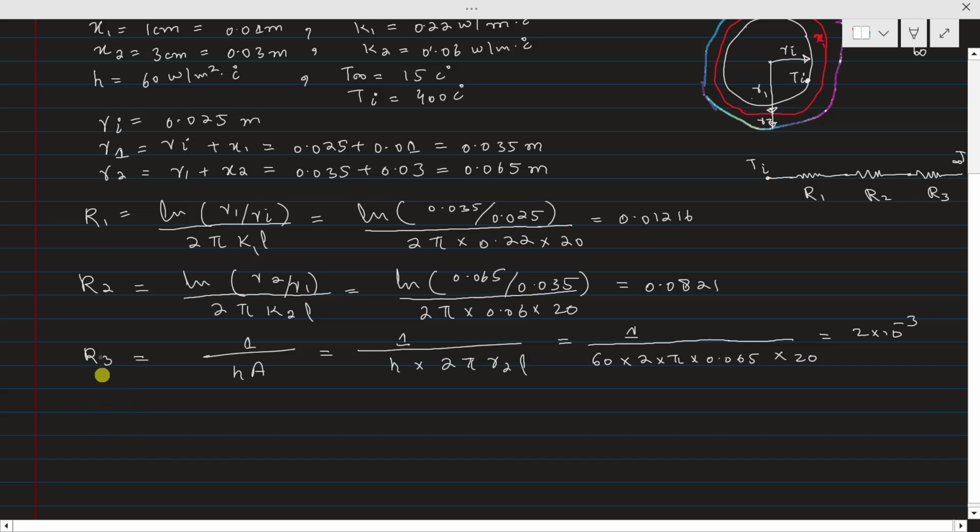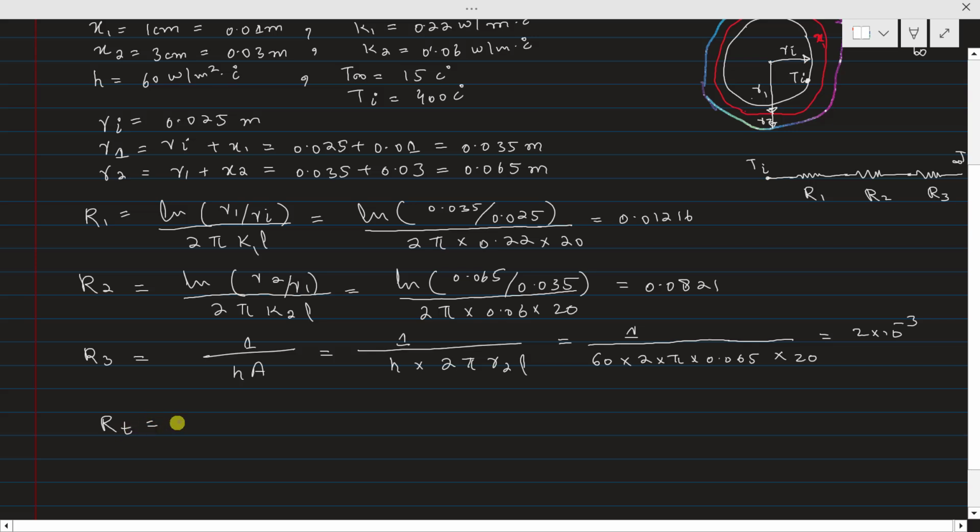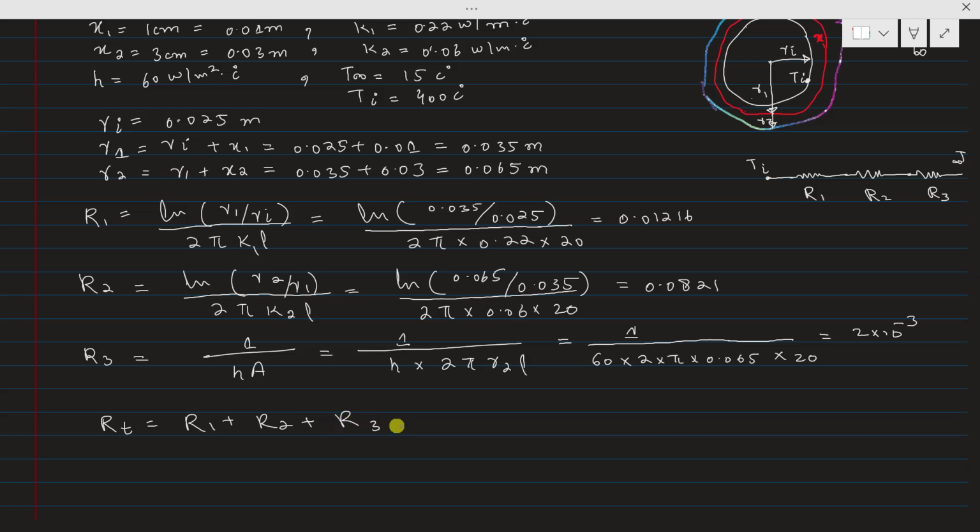So just add these three resistances to get the total resistance, that is the sum of R1 plus R2 plus R3. So it is 0.01216 plus 0.0821 plus 2 multiplied by 10 to the power minus 3.